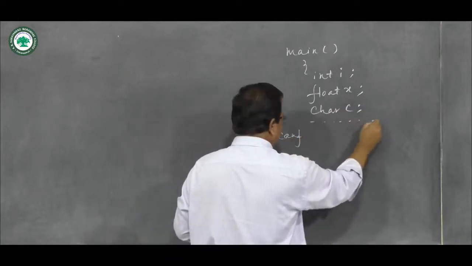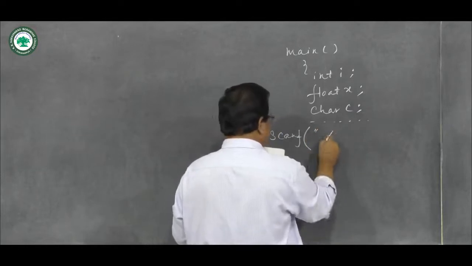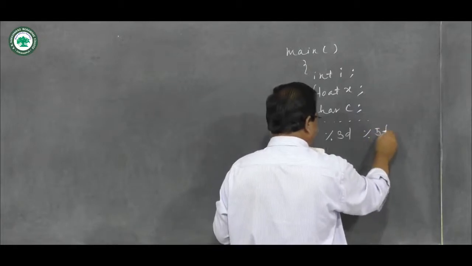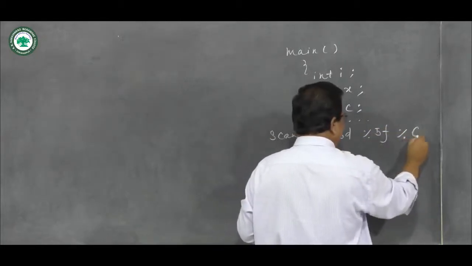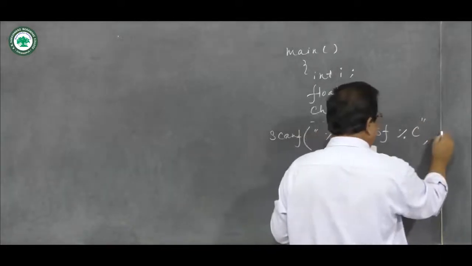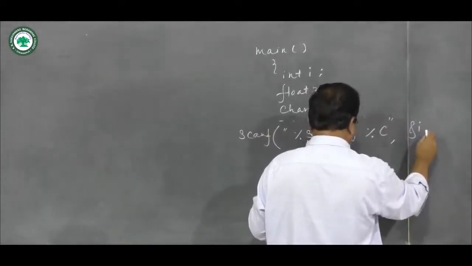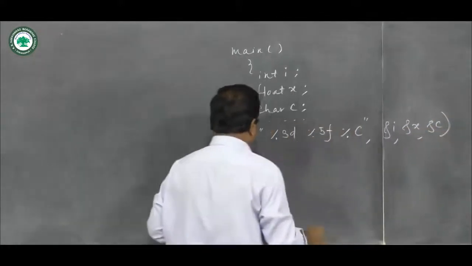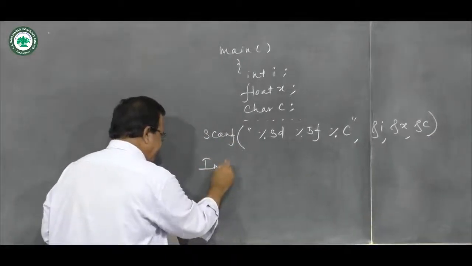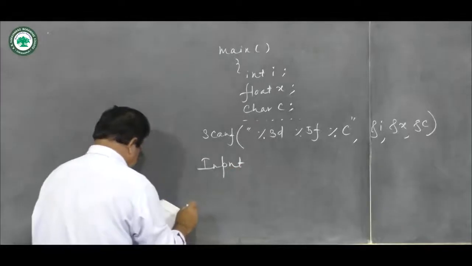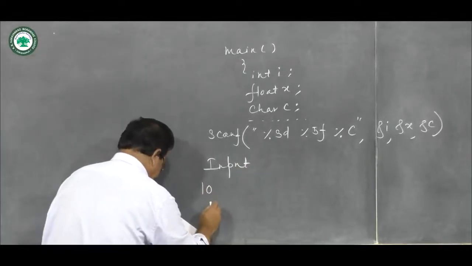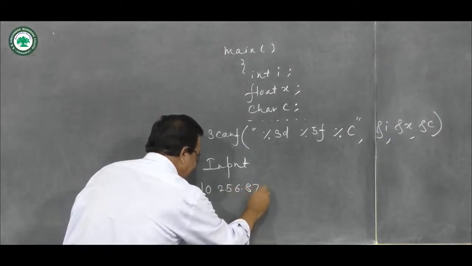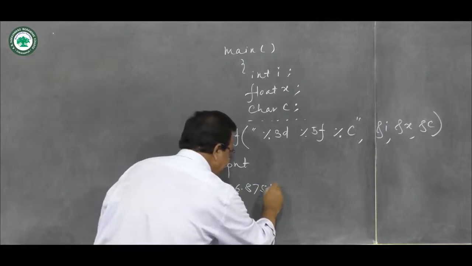The control string is written like %3d, then %5f, then %c, double quote complete, and &i, &x, and &c. And the data to be inputted is something like 10, then a blank space, then 256.875, and then a space and capital T.